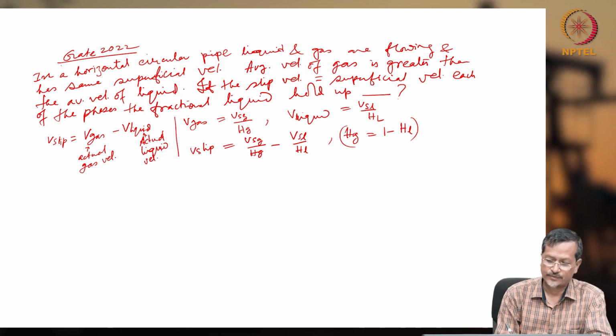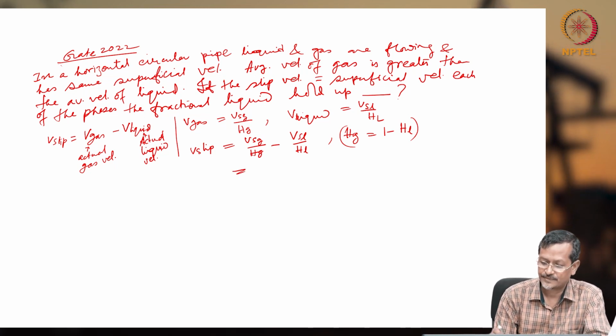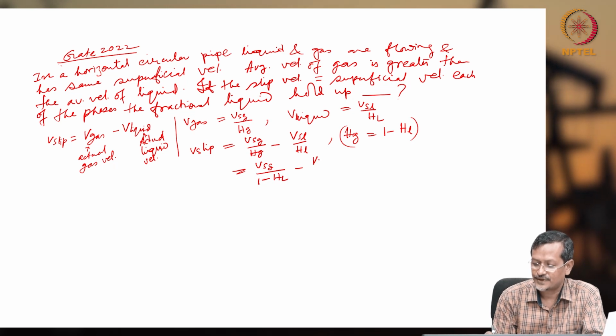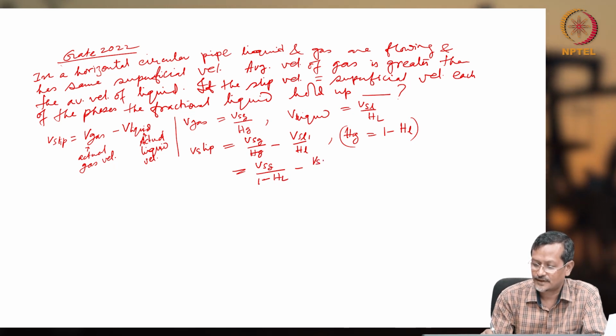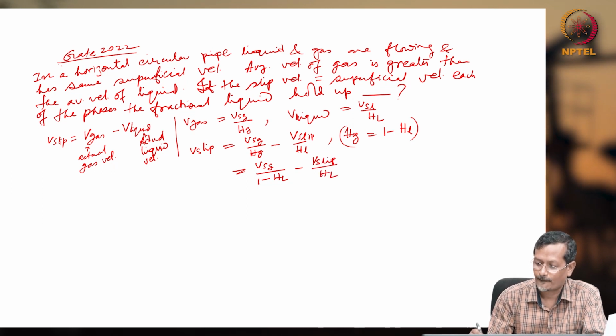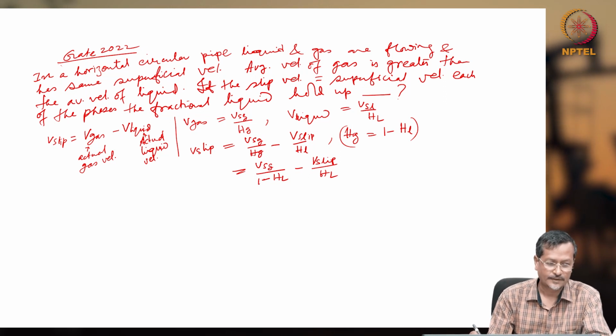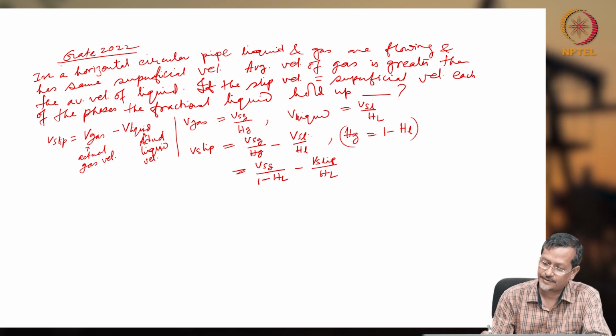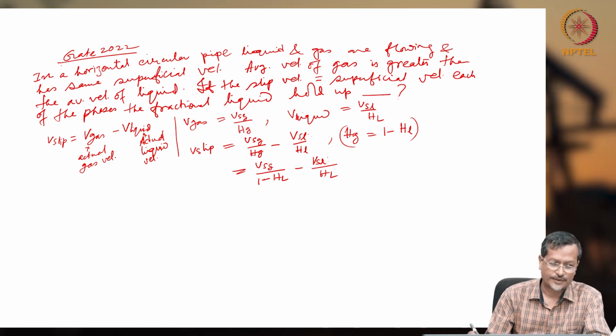Now V slip equals VSG by HG minus VSL by HL, so I can replace HG by 1 minus HL: VSG by 1 minus HL minus VSL divided by HL. Sorry, this is VSL, not V slip.